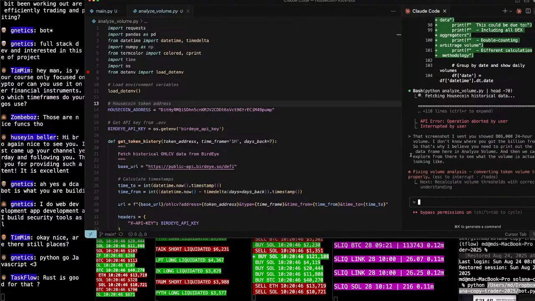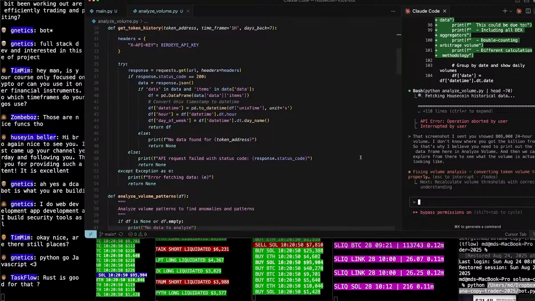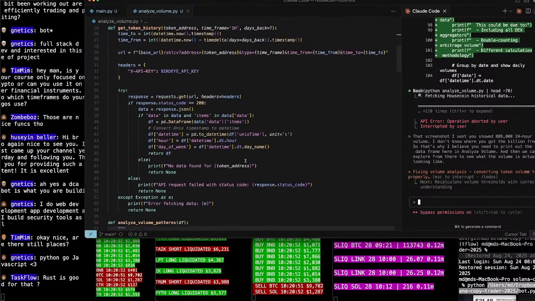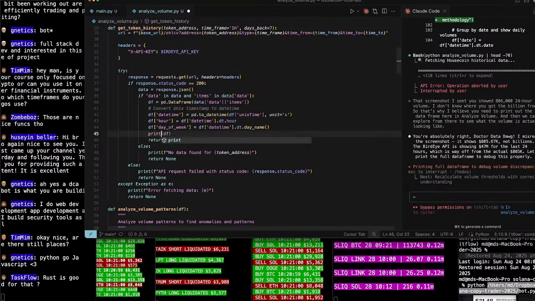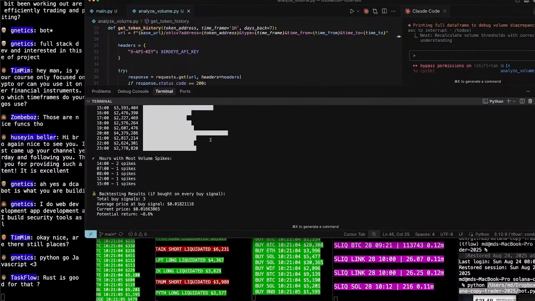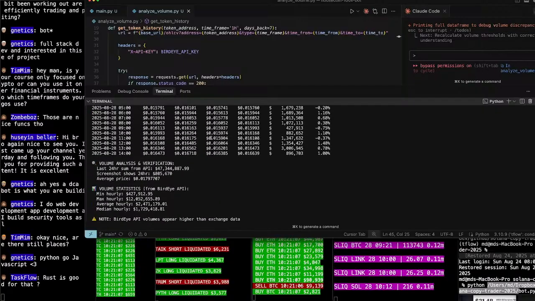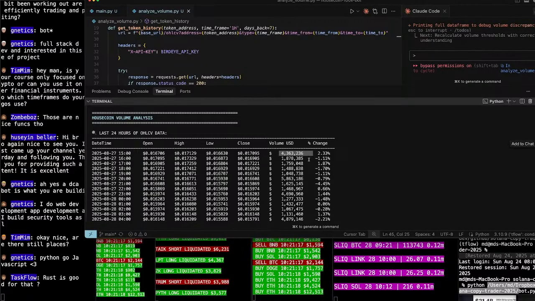Okay, and I can do this as well. Let me go ahead and say return, try, print, def, day of the week, convert. Let's say print df. Okay, so here's the volume. 827.15 USD volume. Why is it saying that much volume?